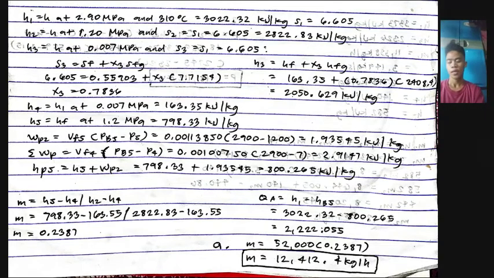So QA equals 3022.32 minus 800.265, and next move calculating it. So QA equals 222.055, and next, A for M or mass equals 52,000 times 0.2387.